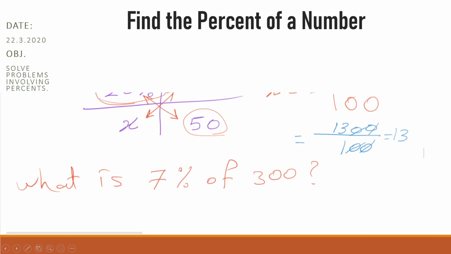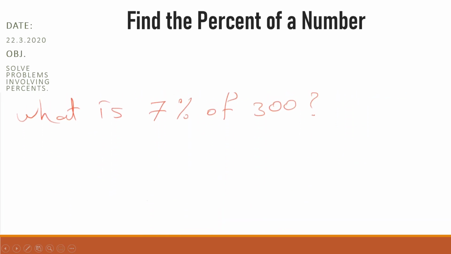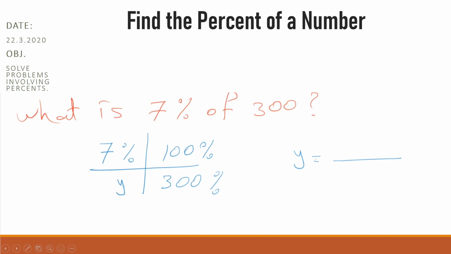Okay, now another question. What is 7% of 300? With the table, 7, 100, and here we have 300. You can use any symbol here, for example y, and find y using cross multiplication. How to use cross multiplication?